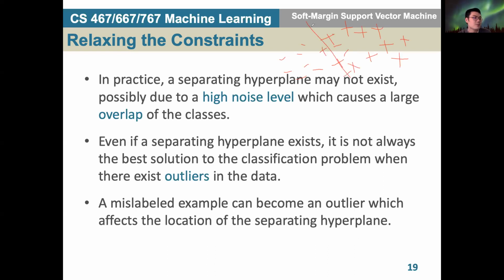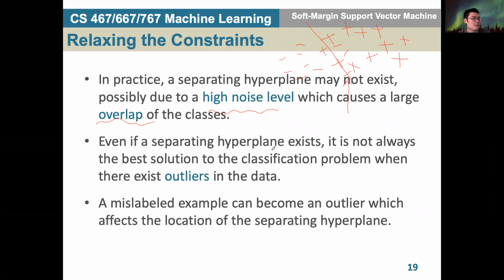So you cannot even draw this line. When you cannot draw this line, our previous derivation doesn't make sense, because it first assumes you can draw a line that separates both with some margin. If you have a high noise level, especially at the boundary where they mix, then you cannot find such a line. There could be overlaps of positive and negative in a small region in the middle.